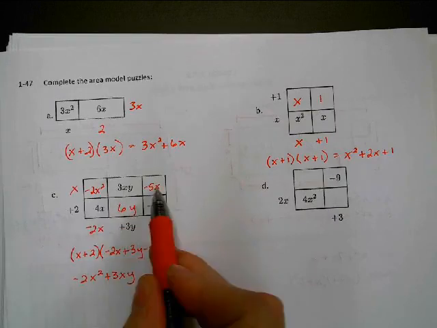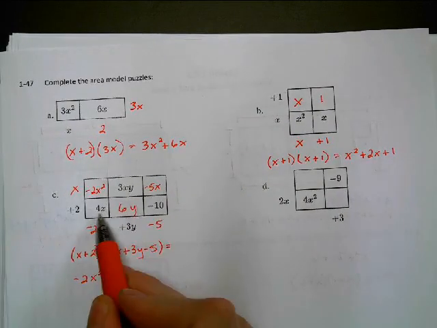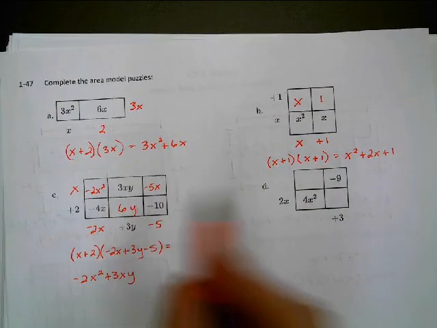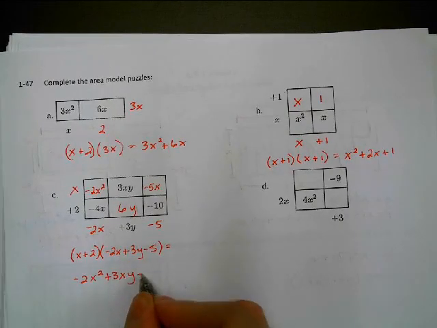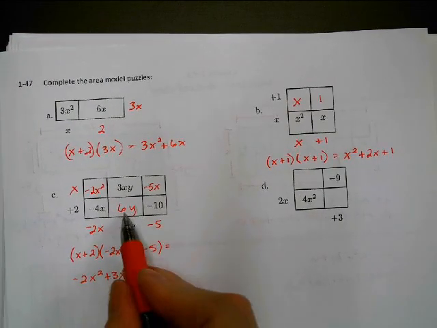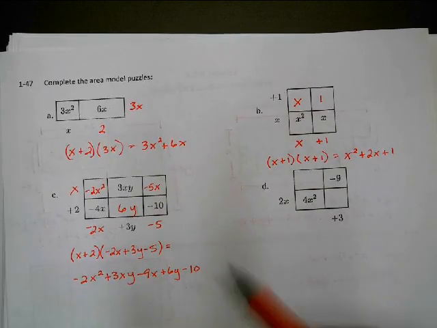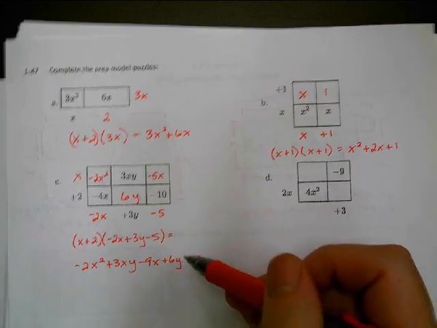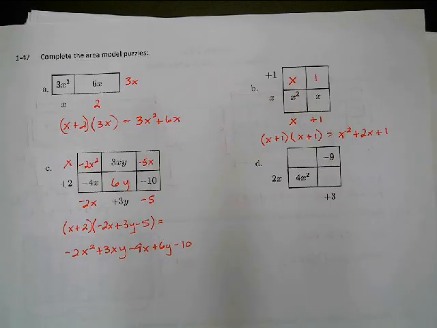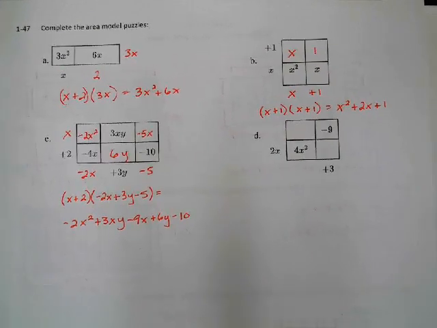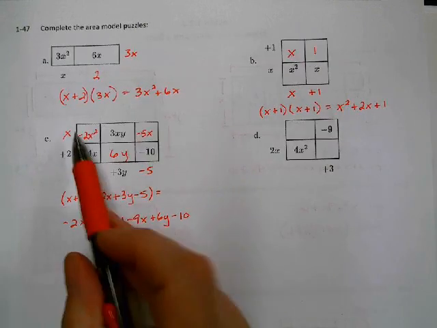Combining those two, negative 5x and negative 4x makes negative 9x. And then I've got a 6y minus 10. So these are the same two ways to write the area of that rectangle there. So this is written as a product where I just do length times width. And this is as a sum where I'm combining all my like terms inside.